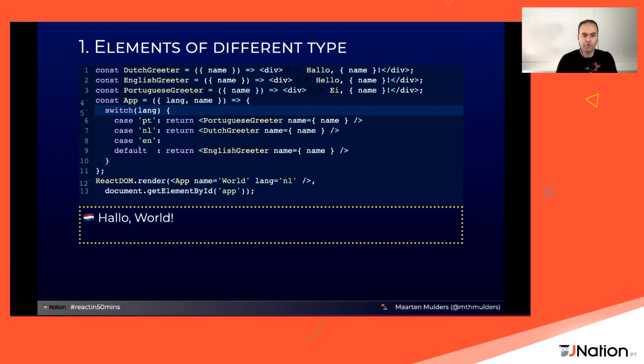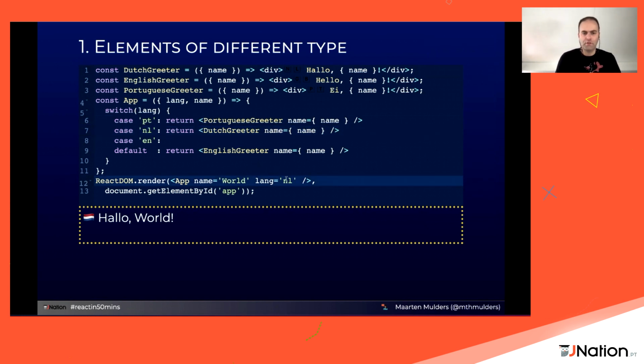By default, it will be English. If somebody specifies a language that we don't know, we will just use English. Given that I have specified the language to be Dutch, it obviously delegates to the Dutch greeter, which shows the Dutch flag and the text "Hello, world."